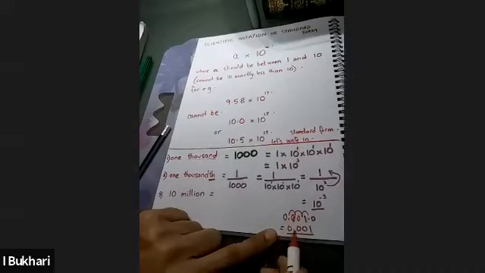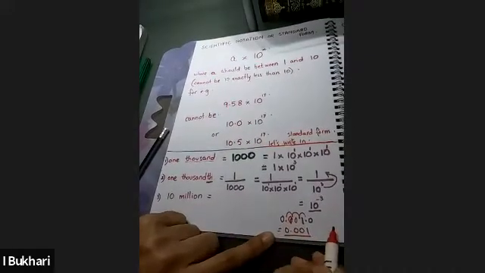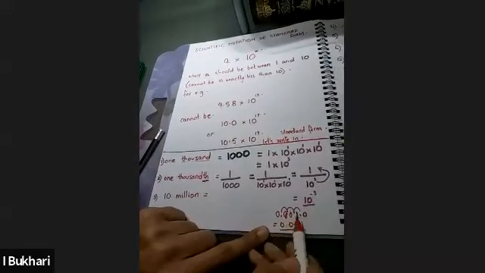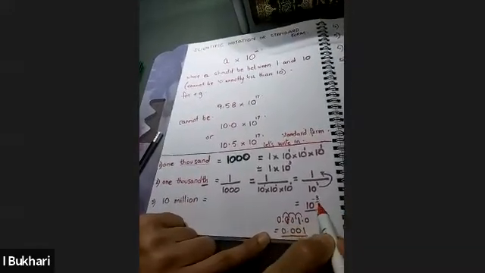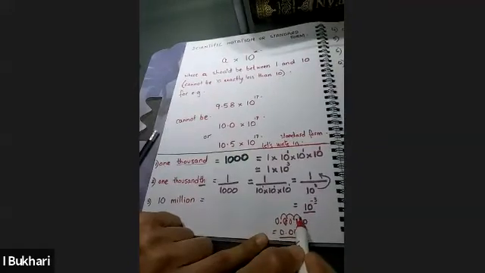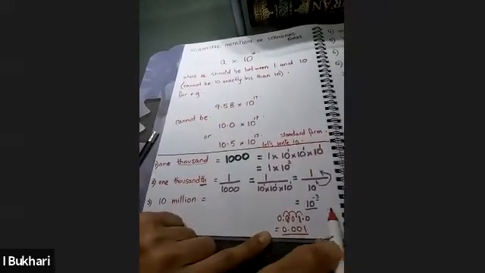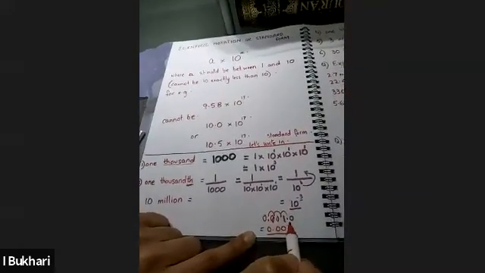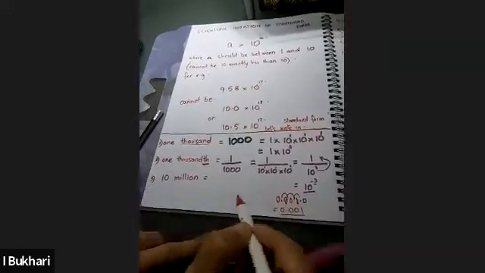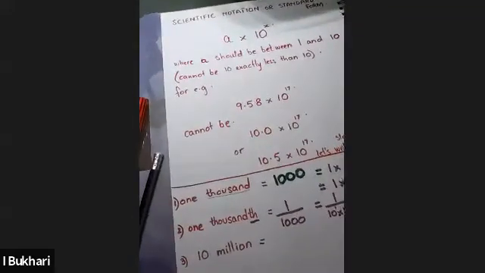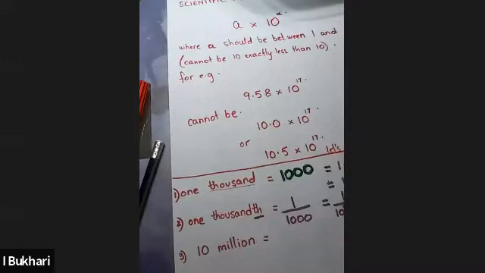You did not understand? See, minus 3 means you have to make 3 jumps, and minus means you have to jump backwards, not forwards, because we want to convert this into decimal. Yes, you can keep it as 10 to the power minus 3, but if you want to convert, this is how you convert into decimals.